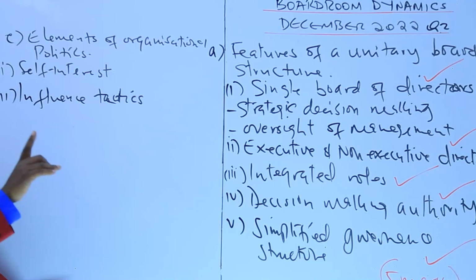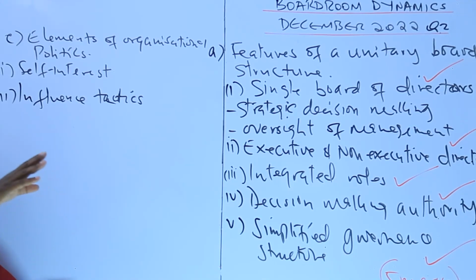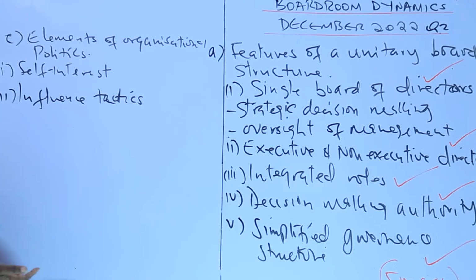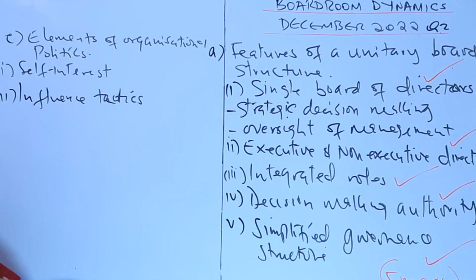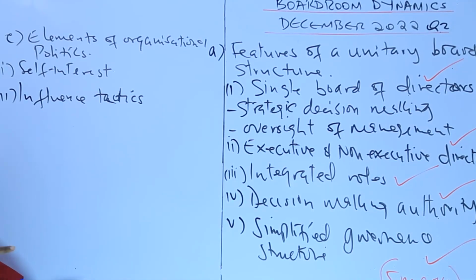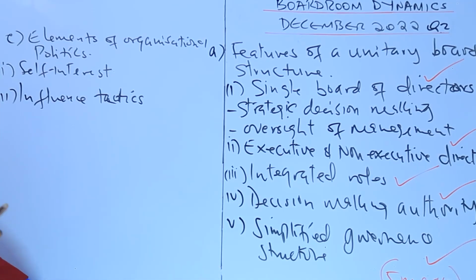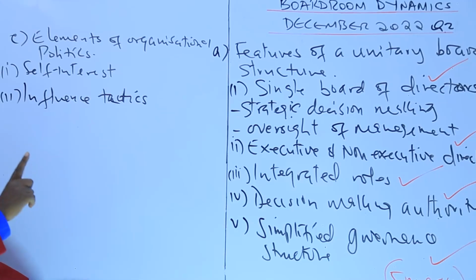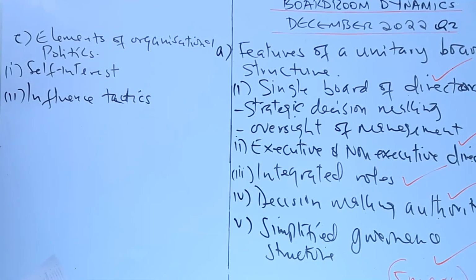Employees may form alliances. Employees may even use flattery. Employees can withhold information. Why? In order to gain influence, in order to gain power. So influence tactics form part of what we call organizational politics.